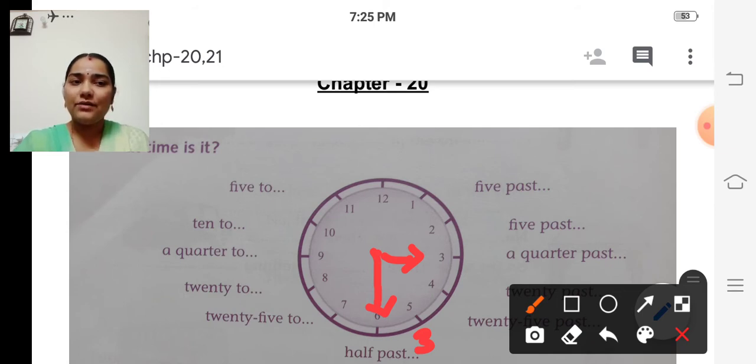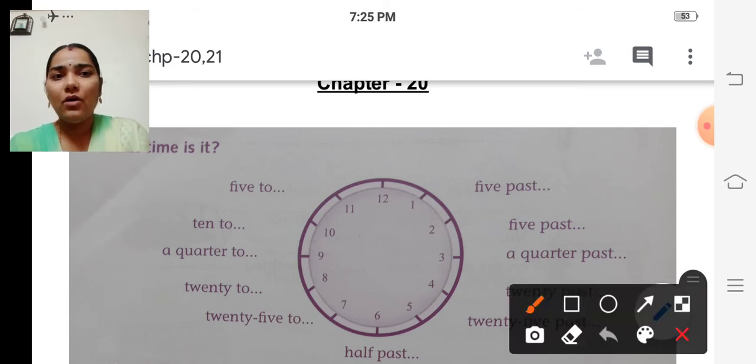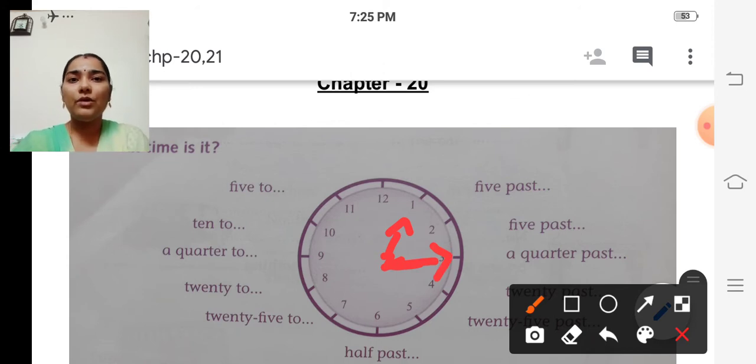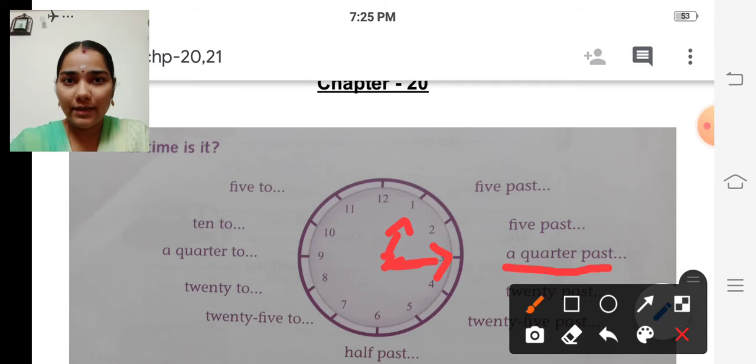Or if the hour hand is at 1 and the minute hand is at 3, then what will we say? We will say a quarter past 1. Is it clear, children?